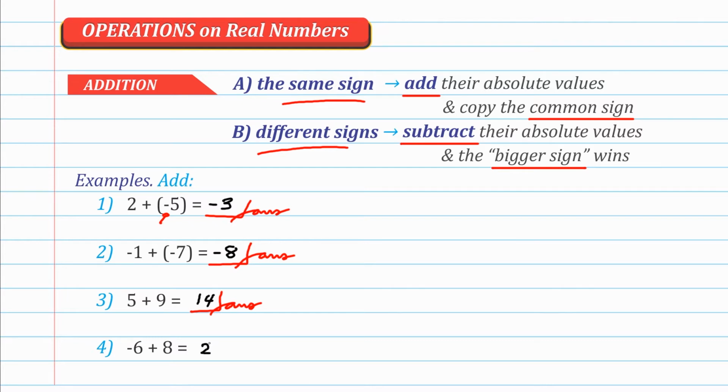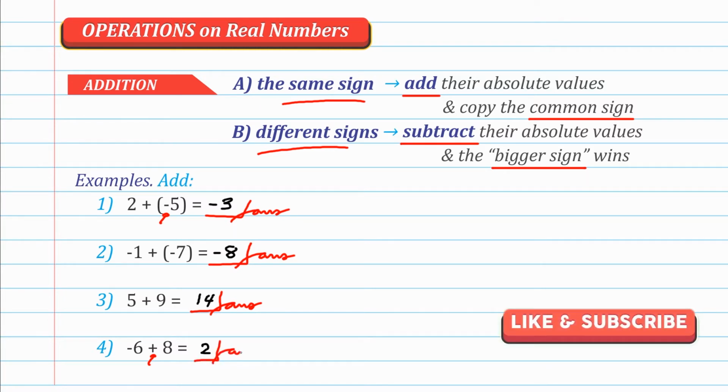And then, that's the first step. Second step, choose the bigger sign. In this case, the bigger sign is positive. So positive wins. So the answer is +2. But you know you don't really need to write positive there. Even without it, you know it's positive. Therefore, the answer is simply 2. Now that's how we add signed numbers.